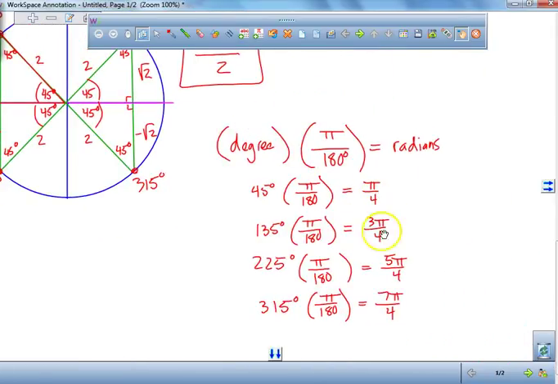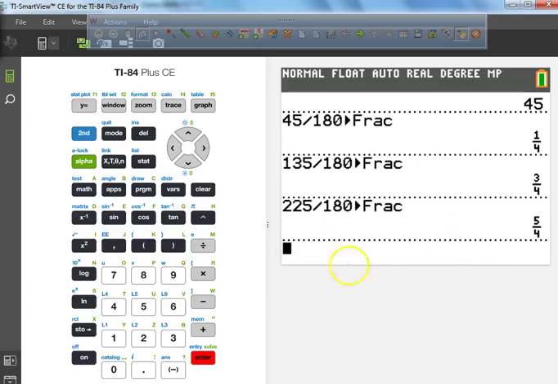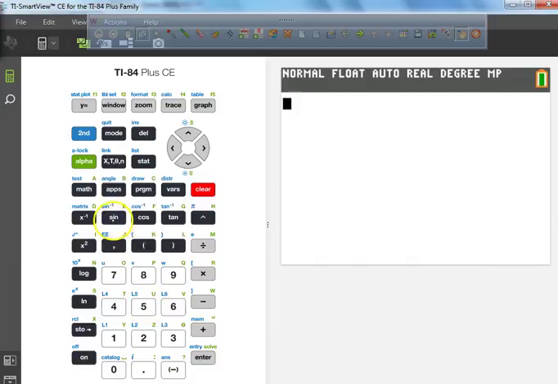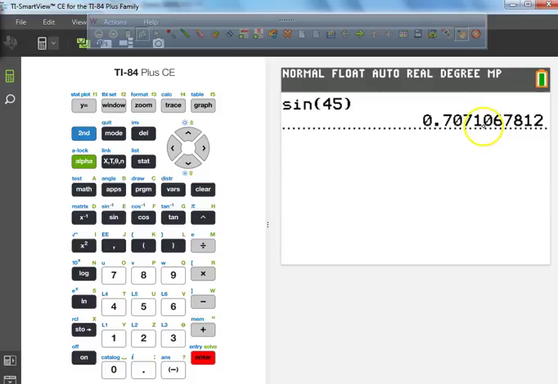So what are your 4 answers? These are all 4 of your answers. These are the values of x. If you want to, here, let's prove it. Here we go. If I say the sine of 45 degrees, what do you get? You get this answer. Well, what is radical 2 divided by 2 equal to?